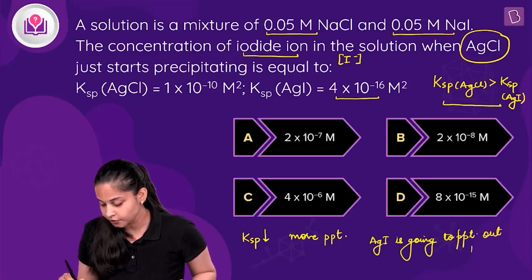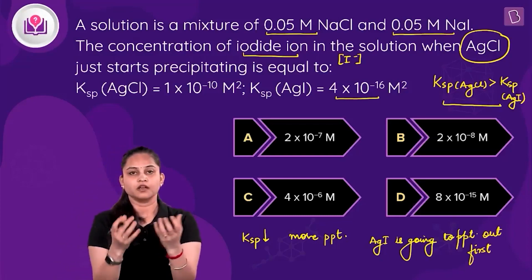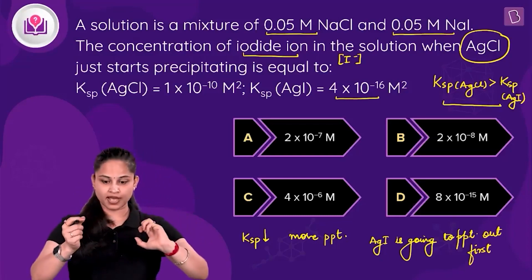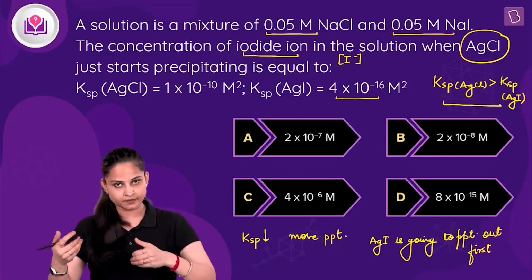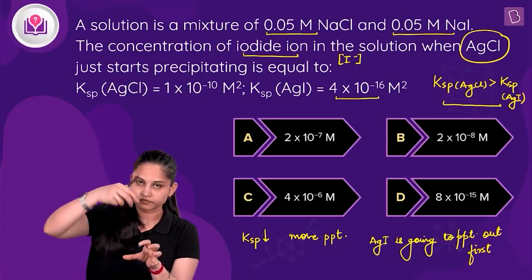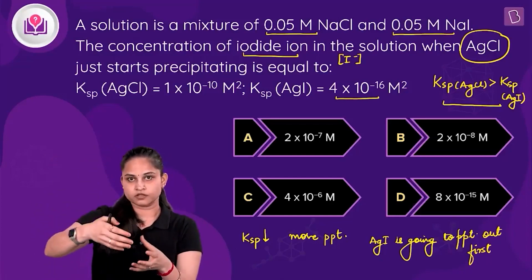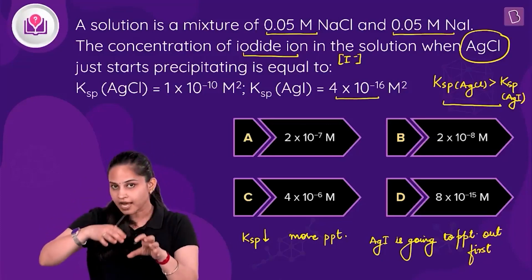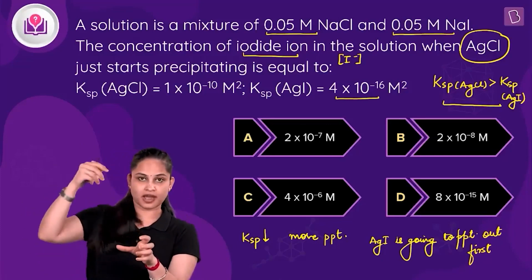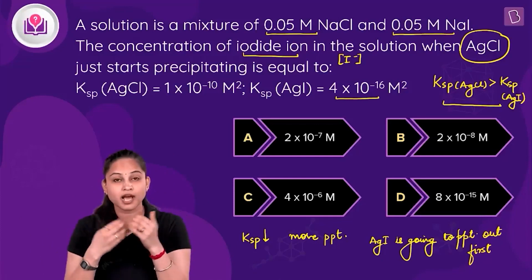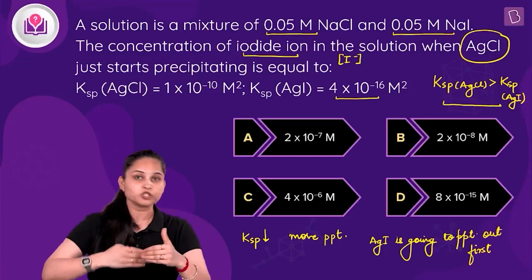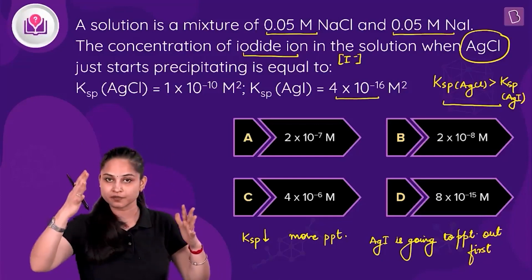So there is a solution mixture having NaCl and NaI. To this solution we are adding silver solution. And when we add the silver solution to it, it's AgI which precipitates out first.